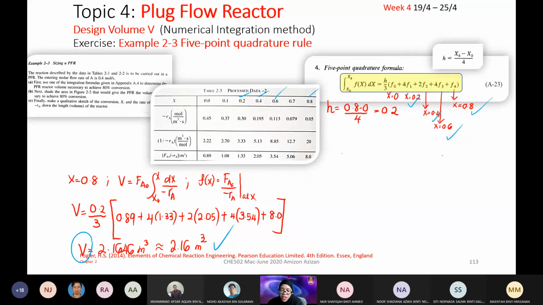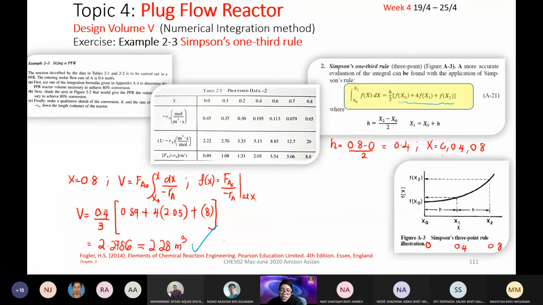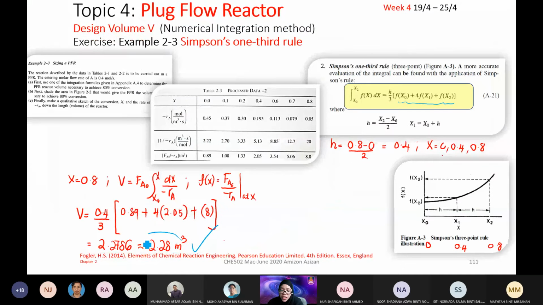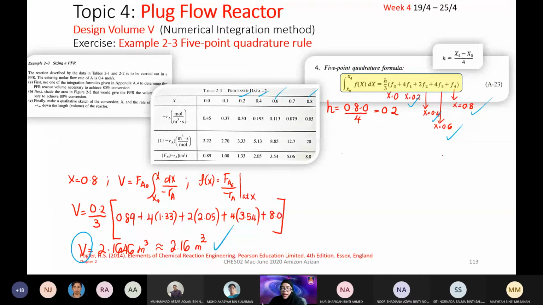Remember, 2 point, 3.52, 3 points, 2.28, and 5 points, 2.16. So if you notice, as it goes to the bigger point from 3 points to 5 points, then the volumes are quite close to each other. But the most accurate one is with the 5-point quadrature rule.